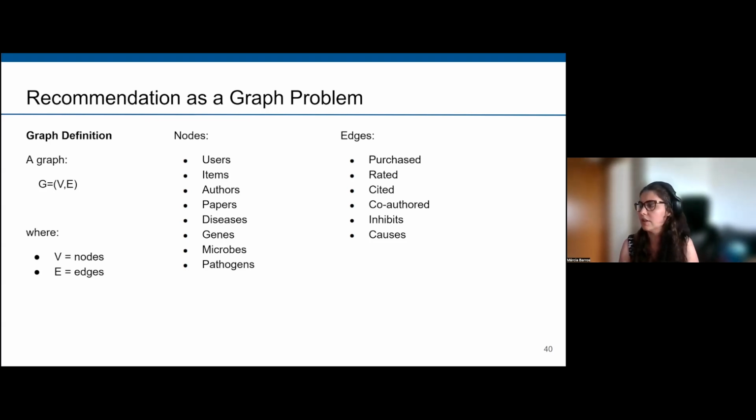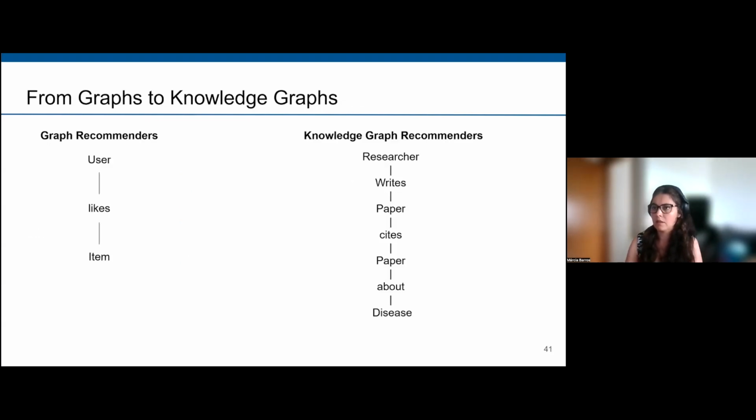So the edges can be a lot of different things. Now we can use simple graphs in recommender systems, user likes item, or we can have knowledge graph recommenders, where we will have this semantic structure associated. For example, a researcher writes a paper, this paper cites another paper, and this paper is about a disease.